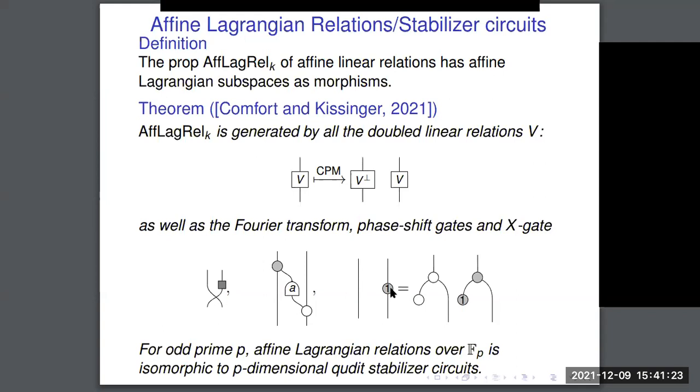So you need to do the affine stuff. You need phase-free plus the X gate. So it's like you have two copies of the ZX calculus, or two wires in the phase-free plus X gate fragment, and then the X gate now lifts to an identity wire on the left, and then an X gate on the right.